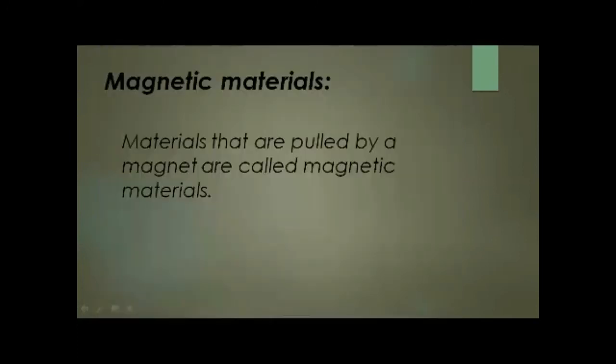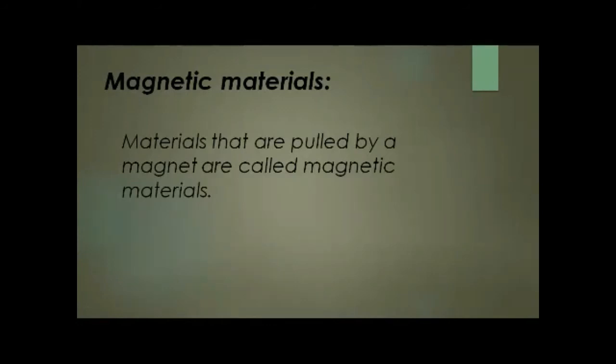Now let's start with magnetic materials. So what are magnetic materials, students? Materials that are pulled by a magnet are called magnetic materials. Those materials are made from certain metals, iron or steel.